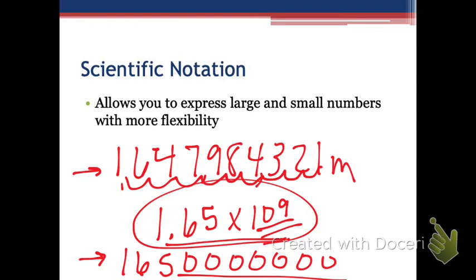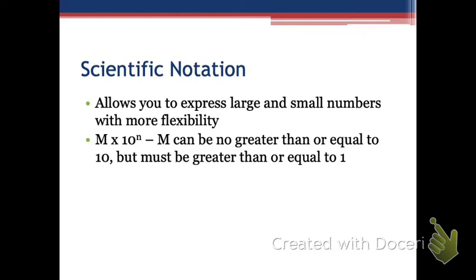So, okay, here's the template that it follows. Scientific notation always follows the template m times 10 to the n, m times 10 to some n value. M, which is right here before the times 10, has to be greater than 1 but less than 10.